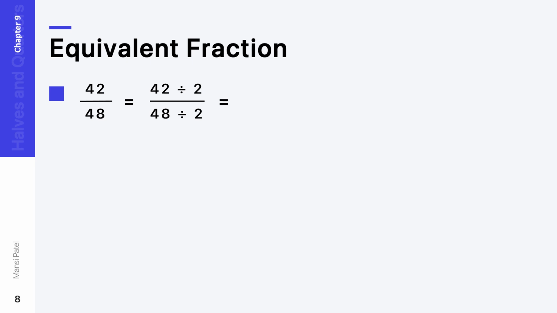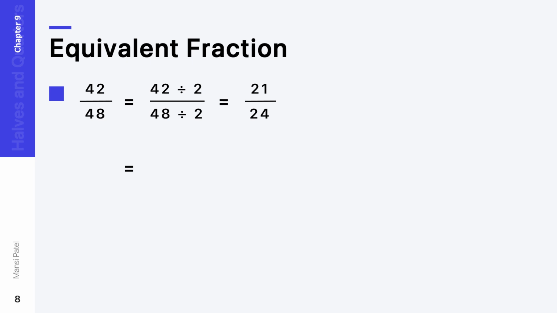So just do 42 divided by 2 and 48 divided by 2. Your answer is 21 upon 24. This is the equivalent fraction of 42 upon 48.